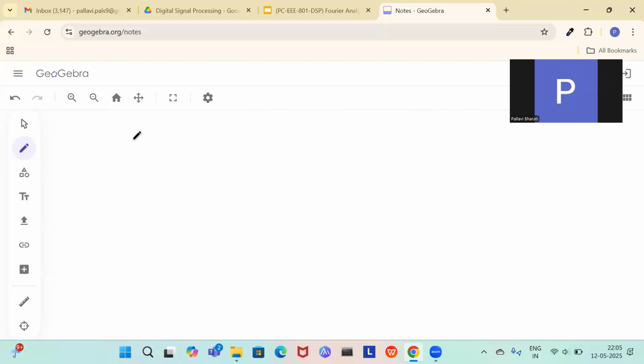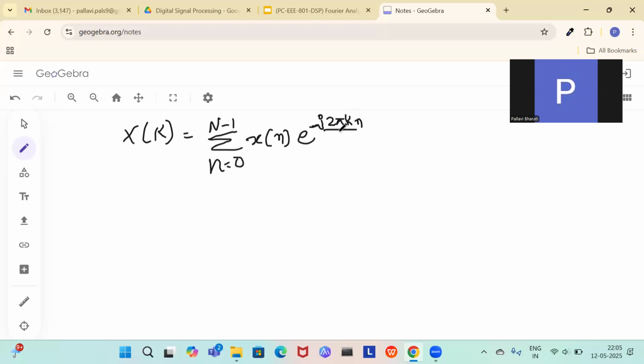X of k is given as the sum over n equals 0 to N minus 1 of x of n e to the power of minus j 2 pi k n by capital N, where k is equal to 0, 1, 2, up to N minus 1, and also small n is equal to 0, 1, 2, up to N minus 1.